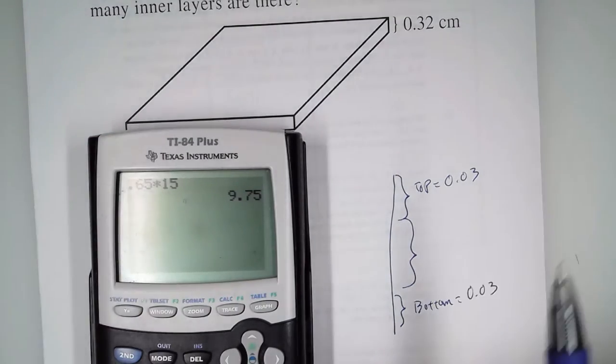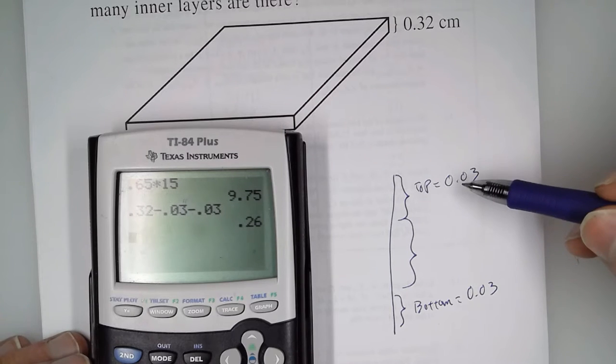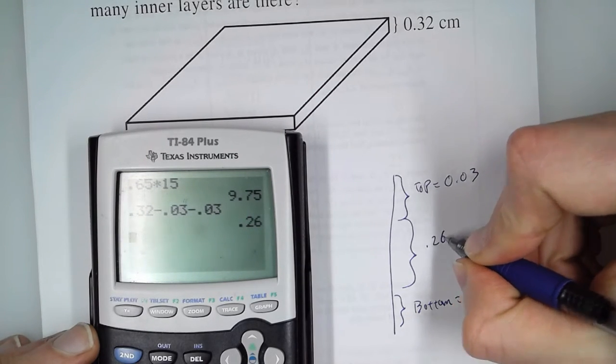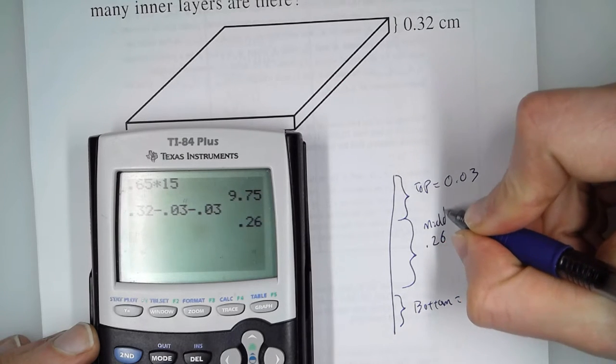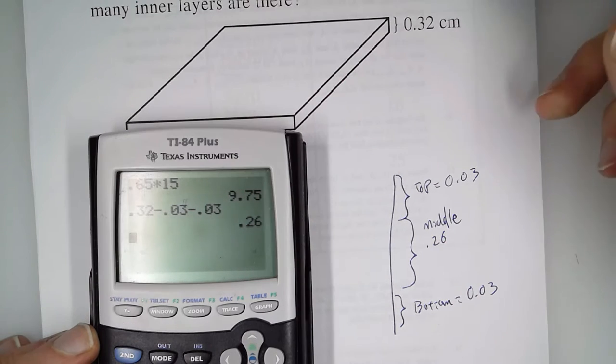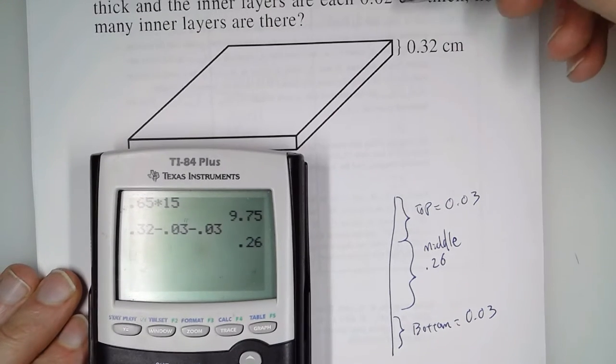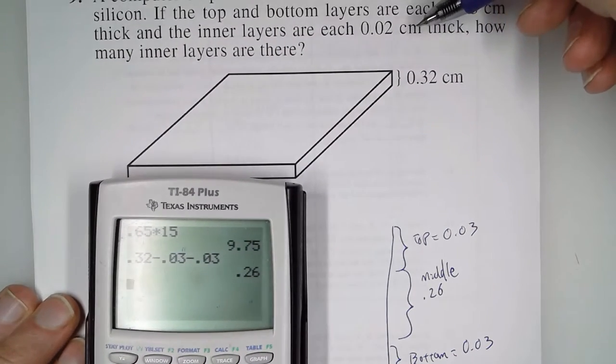So what we have to do is take 0.32 and subtract 0.03 twice, because you have it for the top and the bottom. All right. So the middle is 0.26, but it says the inner layers are each 0.02 centimeters thick.